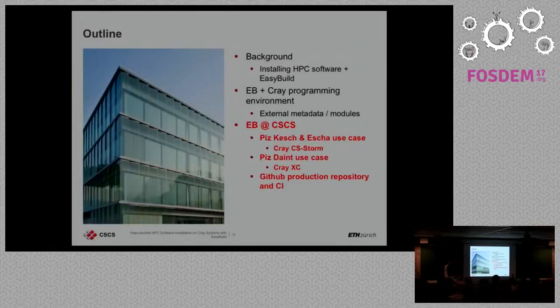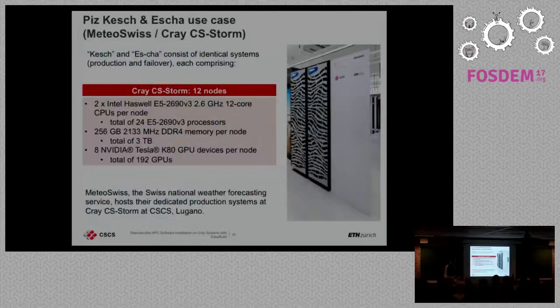I'll move now to the last part, which is, I would say, more interesting from my side, because it's where we managed to use all this infrastructure to deploy software in production. The two use cases that I'm going to present: first, the machine from MeteoSwiss, the weather forecast service of Switzerland.